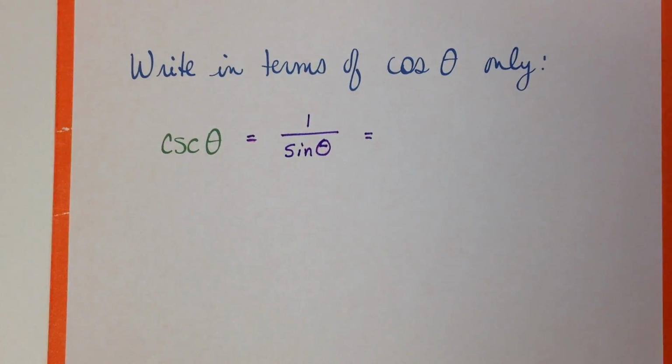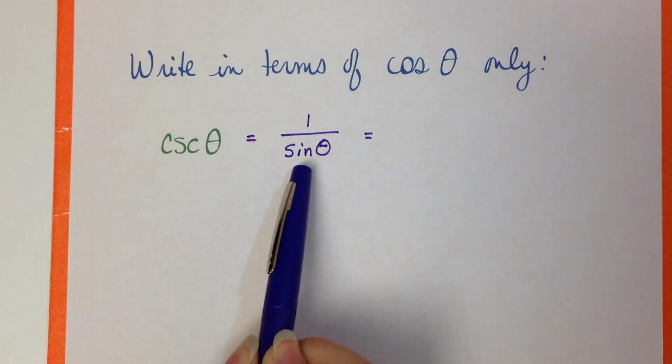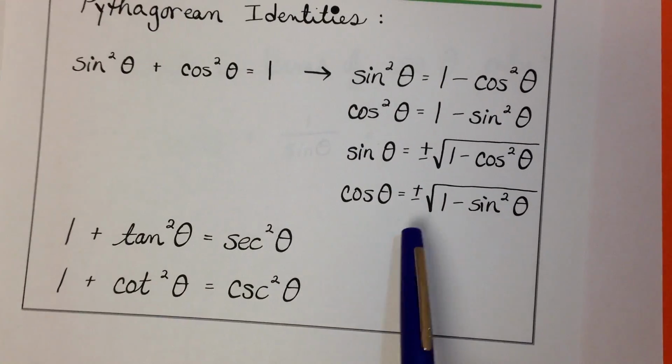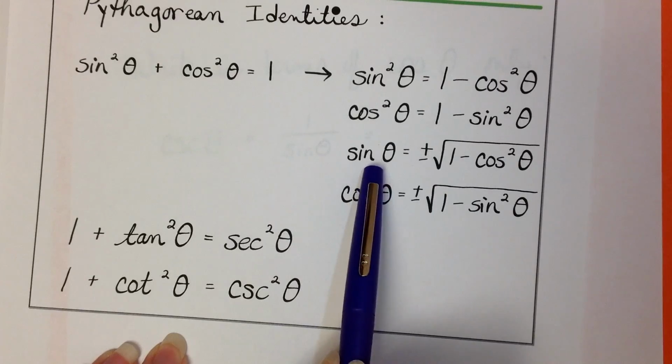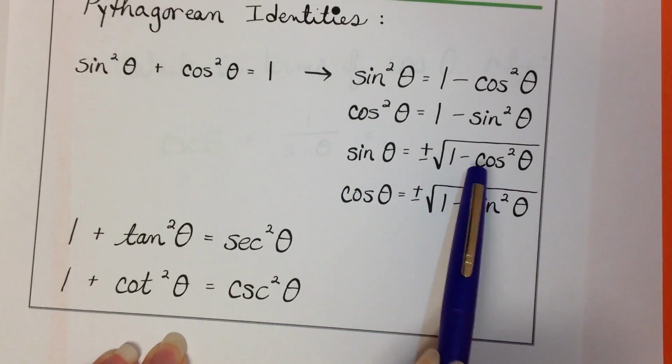Alright, so if you would refer to your Pythagorean identities, what I'm going to do is look for the Pythagorean identity in which I have sine theta equals, so I'll just pull it back up here. That's actually going to be this one right here. I can replace the sine theta that I have in my denominator with that identity.